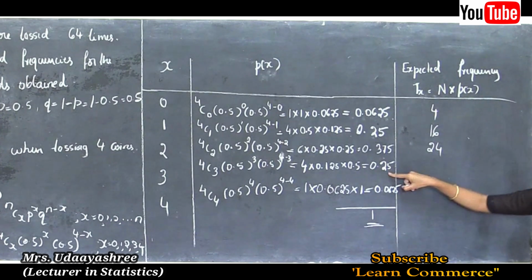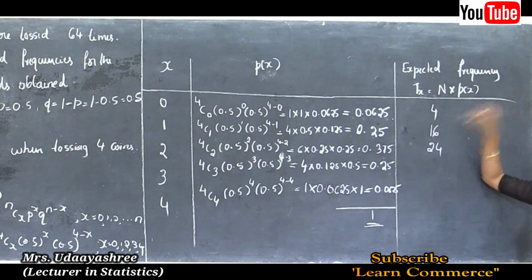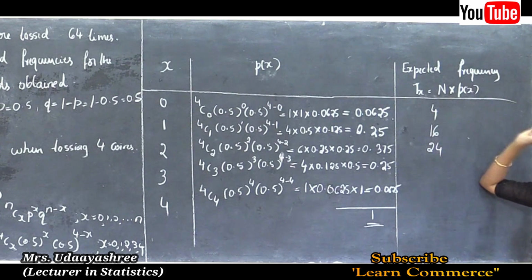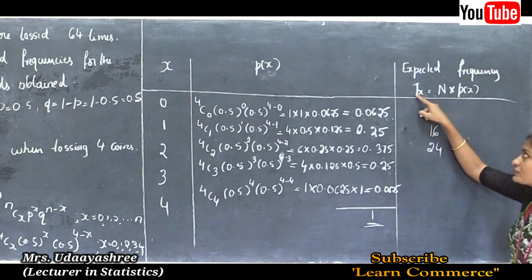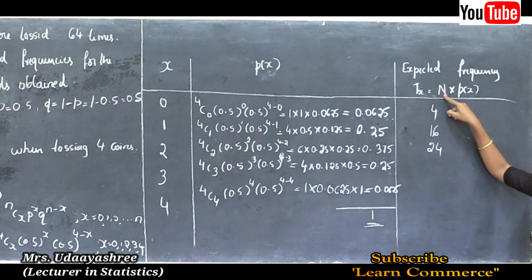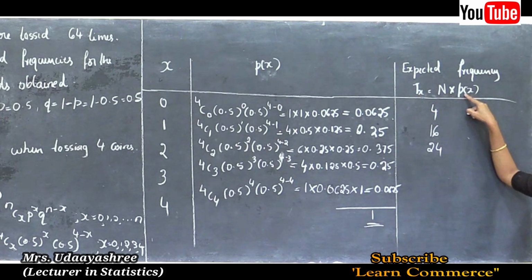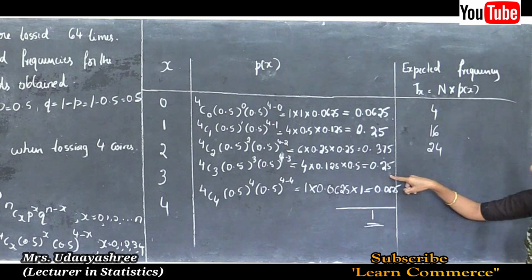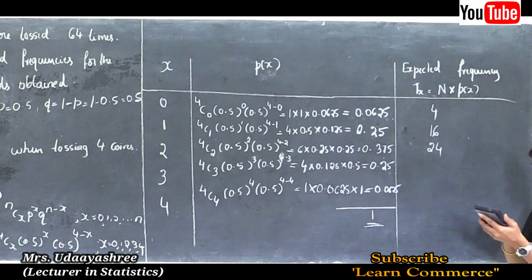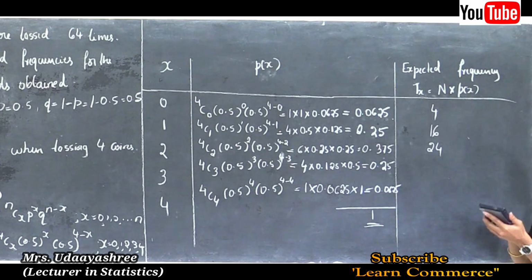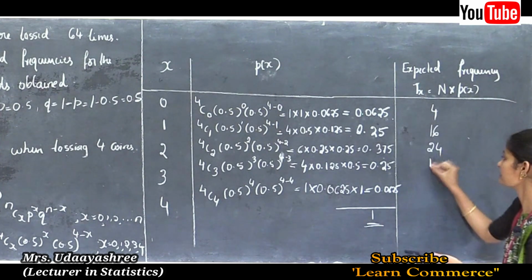Next is the fourth expected frequency. So here in the place of x it is 4. So T of 4 is equal to n into P of 4. Then P of 4 value is 0.25, n is 64. Then the T4 value is 64 into 0.25, that is 16.